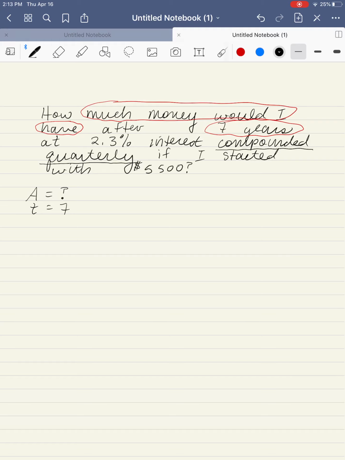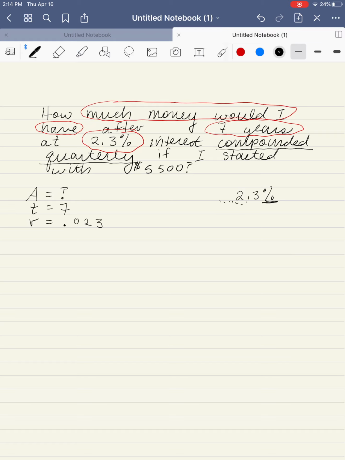After 7 years, that's my time. Time is 7. At 2.3% interest, that's my interest rate. And I don't even want to write 2.3% down. I want to go ahead and put 0.023.